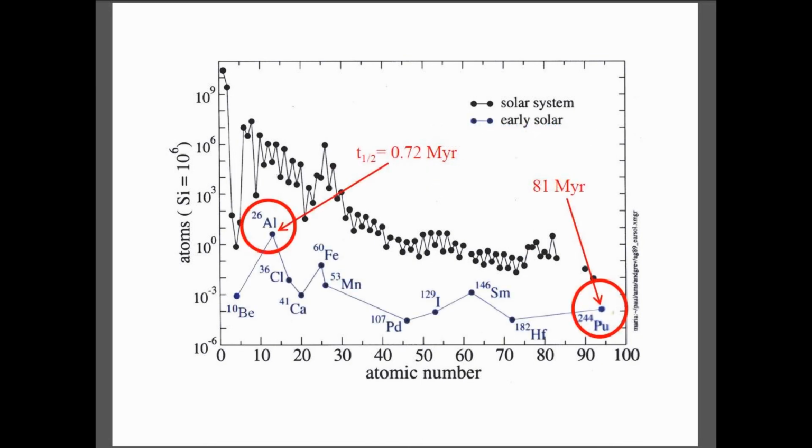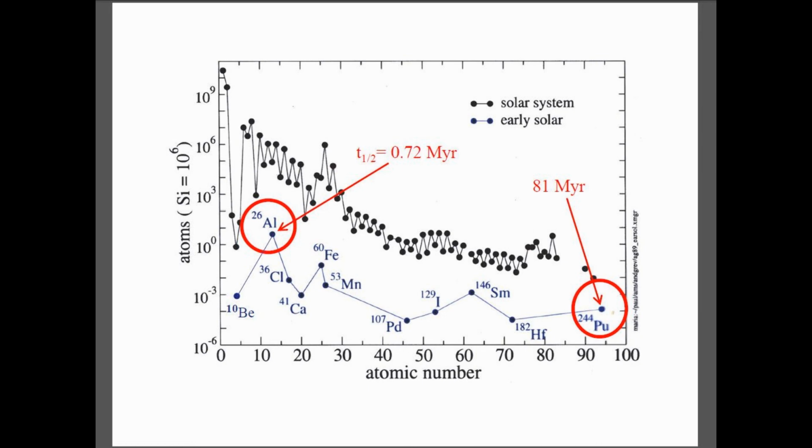And this is known from photometry of the sun, the abundance of the elements, and also of meteorites. Some of the meteorites are pristine pieces of the solar system. So this is all the data here, and it comes from these two sources, which show the abundance of elements in the solar system.